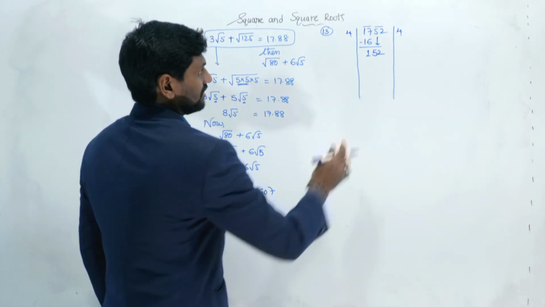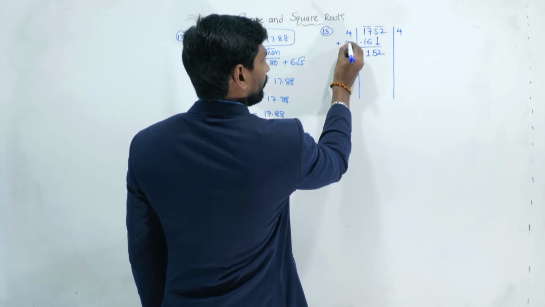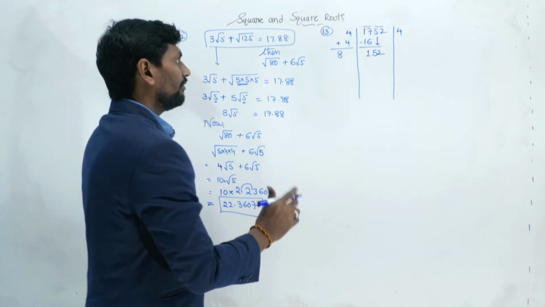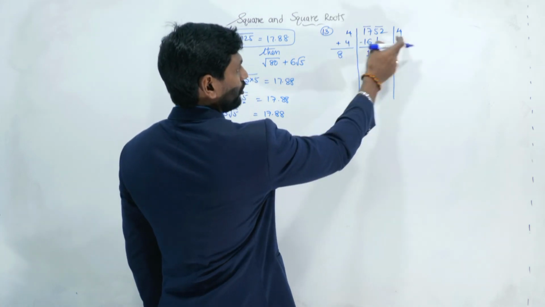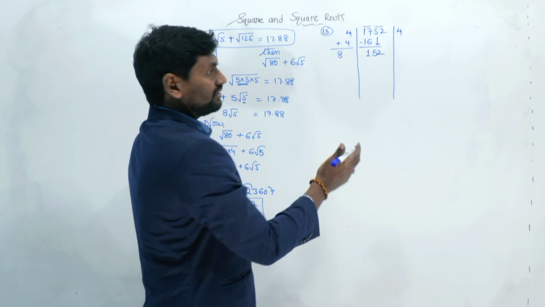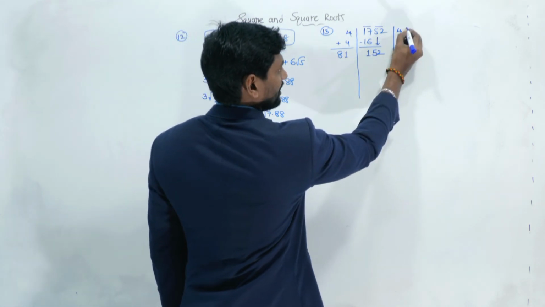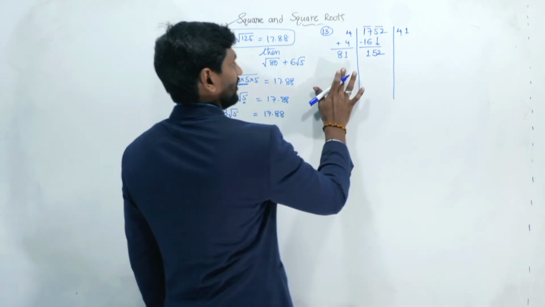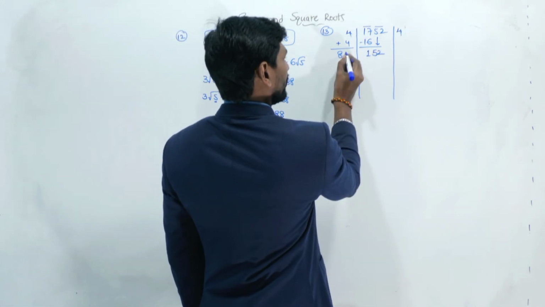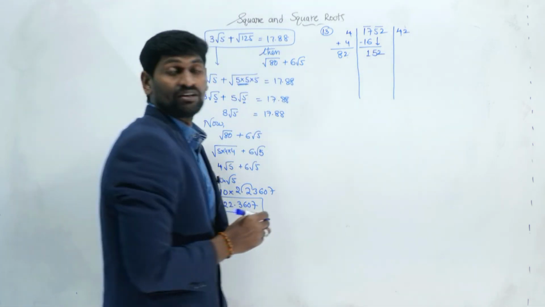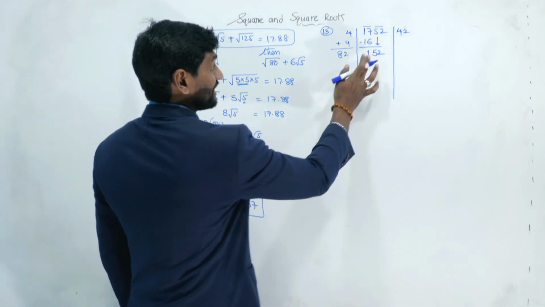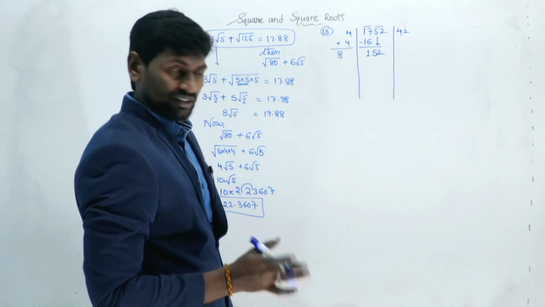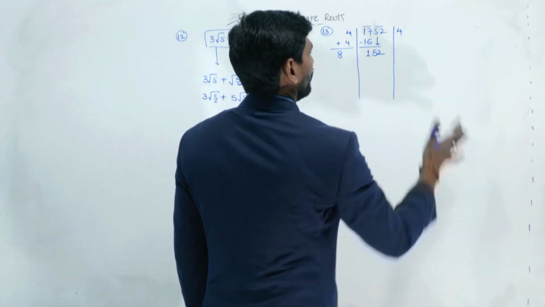Now the same number is added here: 4 plus 4 becomes 8. We already got 8, but we don't know the next digit, so here also we should try 1 1s or 2 2s. If you take 2, 82 2s are 164. 164 is more than 152, so it is not possible.